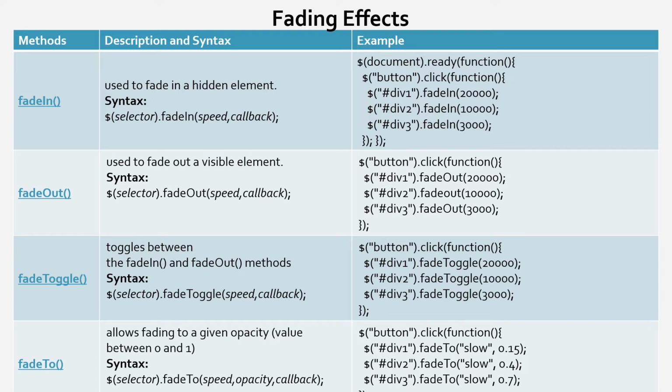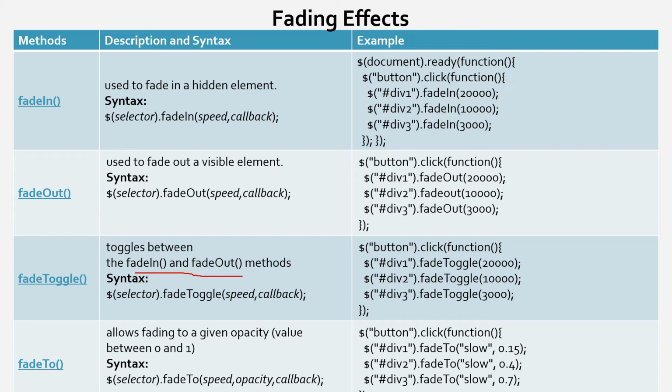Toggle, again the syntax is similar to this, only fadeToggle you need to use, but the main purpose is to toggle between fade in and fade out. Here again all this we need to specify.